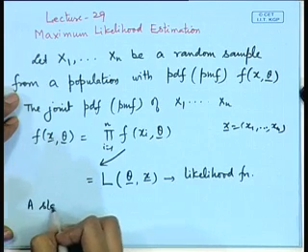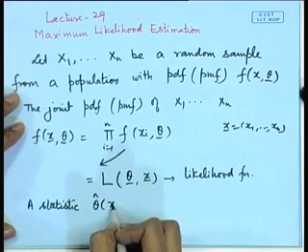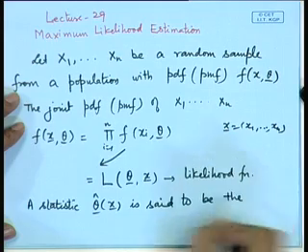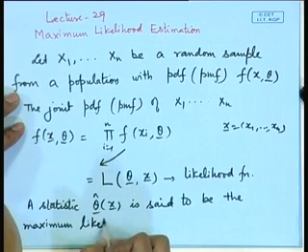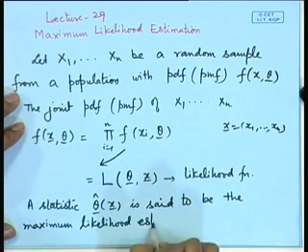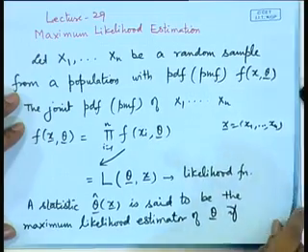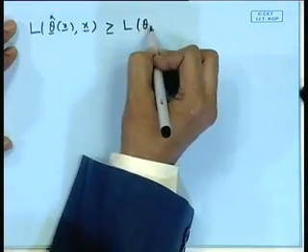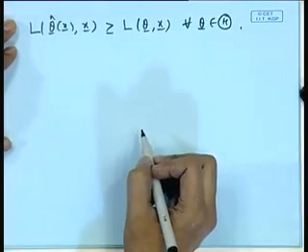So, what we consider is, a statistic theta hat(x) is said to be the maximum likelihood estimator of theta if L(theta hat, x) is greater than or equal to L(theta, x) for all theta belonging to the parameter space.